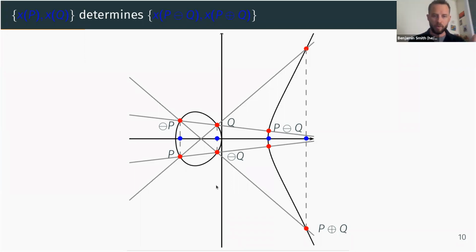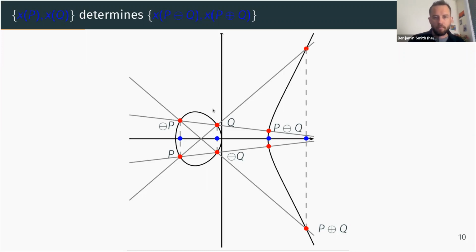And if we just take all of the possible combinations and try them, we see there's this ambiguity where these 2 points together define the set of x of P minus Q and x of P plus Q, but it can't tell us which one is which, right? So we don't have a group law. There's no geometric way of taking these two x-coordinates and popping out x of the sum, but the x's of P and Q give you the x of the sum and the x of the difference as a pair.